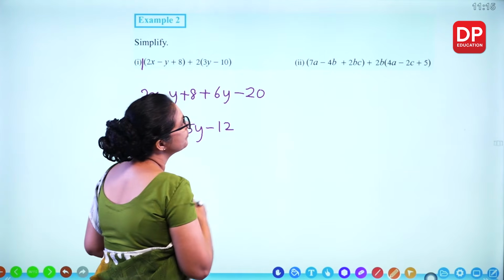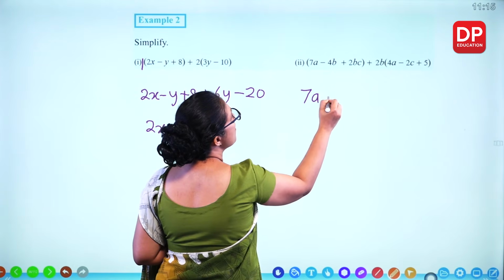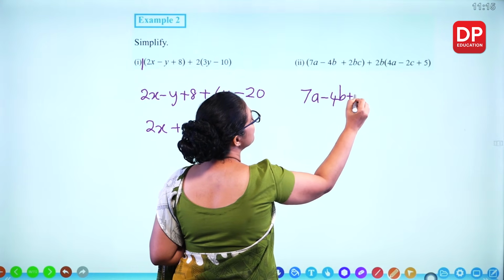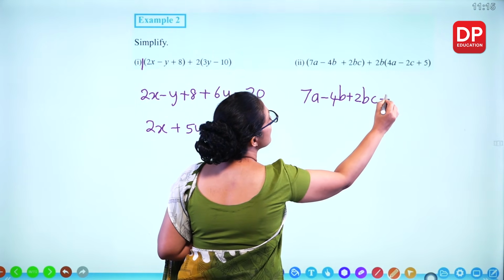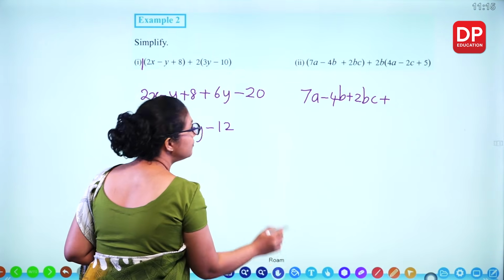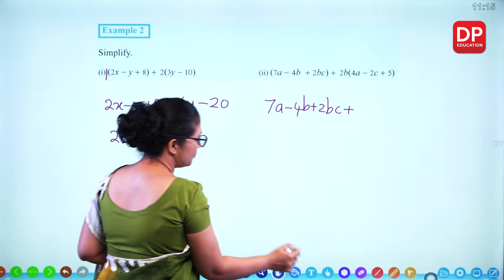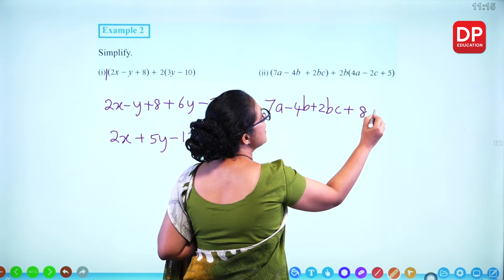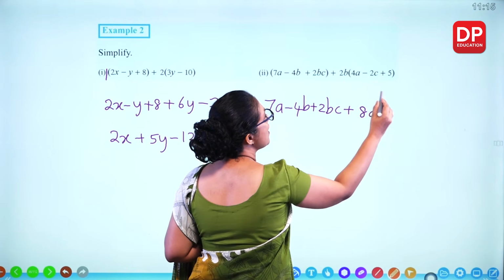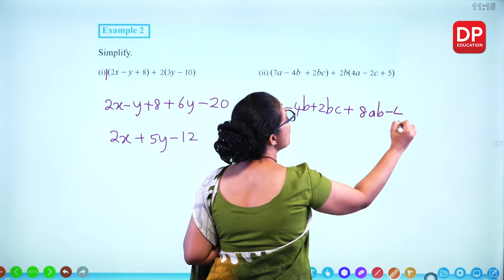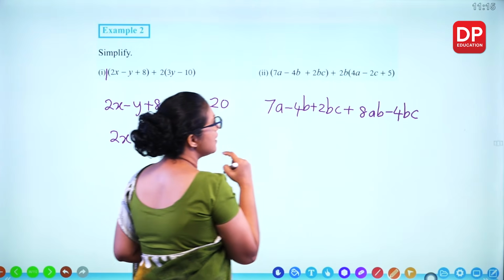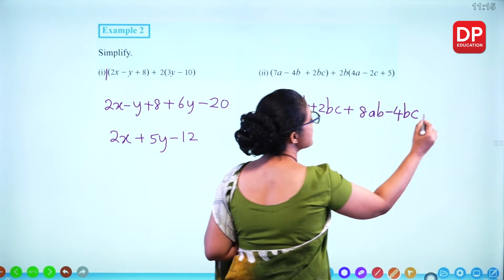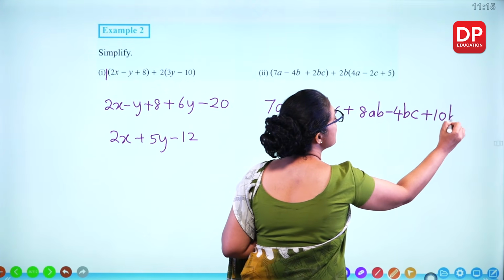This one, first one multiplied by 1. This one multiplied by 2b. 8ab, 2bc minus 4bc, and 2b and 5, plus 10b.